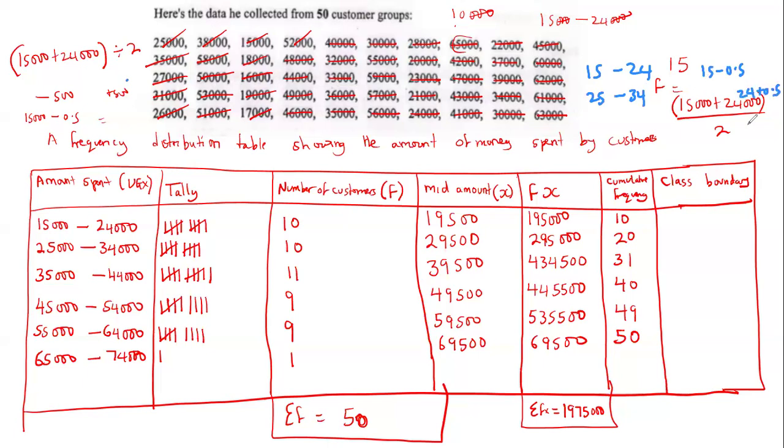So what do you get? 15 minus 0.5, you end up with 14.5 to 24.5. Then after, you bring back your 1,000, multiply by 1,000. So 14.5 times 1,000, you end up getting 14,500. Here you end up getting 24,500. So that's why Rajab was telling us that we subtract 500.